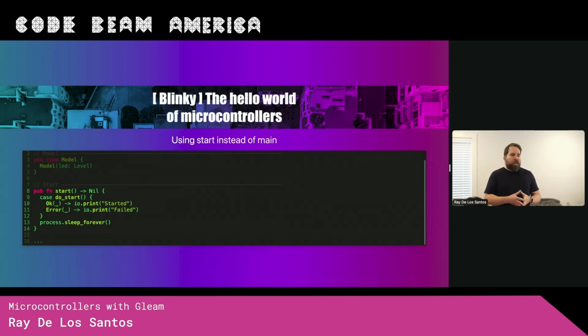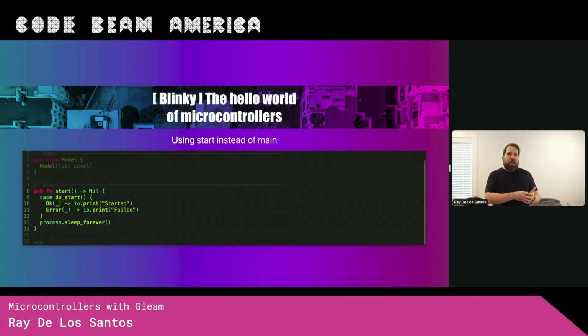In this case, normally we are only putting the LED and the level. Level, in the concept of microcontrollers, is whether something is high or low. In this case, for the blinky behavior, if you have a low level, the LED is going to be off. If you have a high level, it's going to be on.